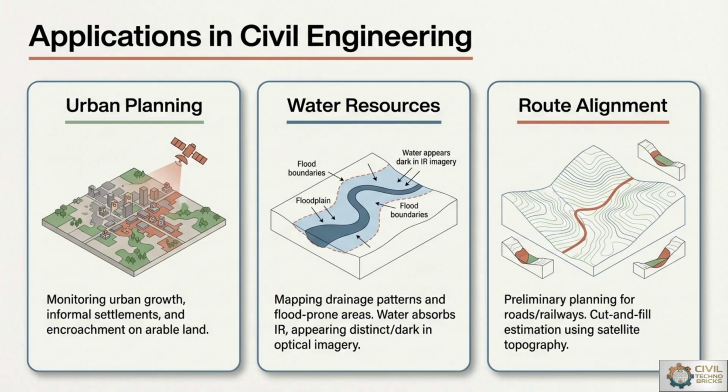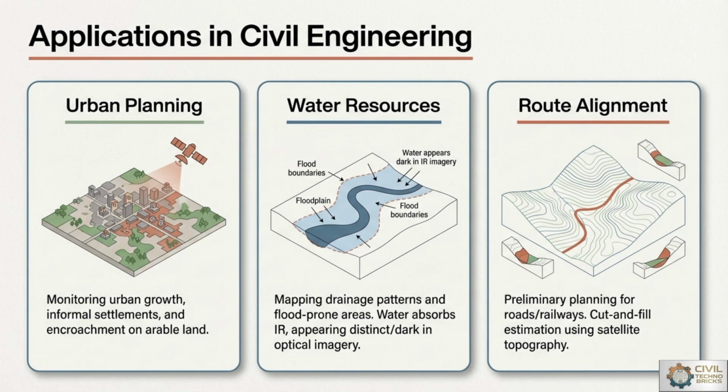So applications of LiDAR and radar sensor systems cover each and every domain in engineering, like urban planning, water resources, route alignment and many more. For urban planning, we can monitor urban growth, informal settlements and encroachment on arable land with that sensor technique.